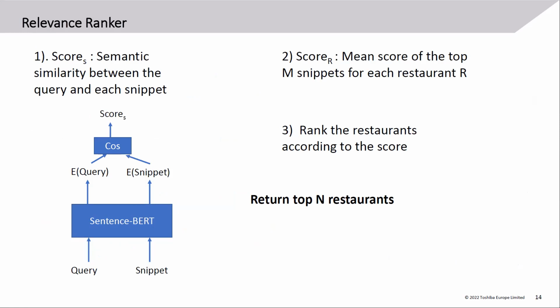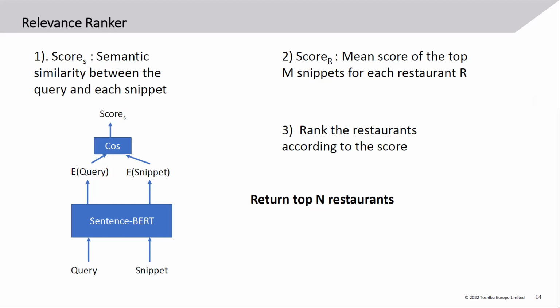The relevance ranker first scores semantic similarity between the user's query and each snippet. We encode the query and snippet with sentence BERT, and we measure cosine similarity between them. Then we compute the score for each restaurant, which is the mean score of the top M snippets for this restaurant.